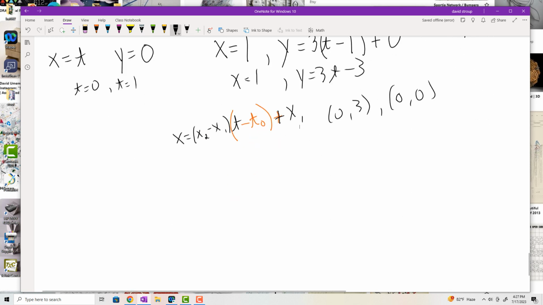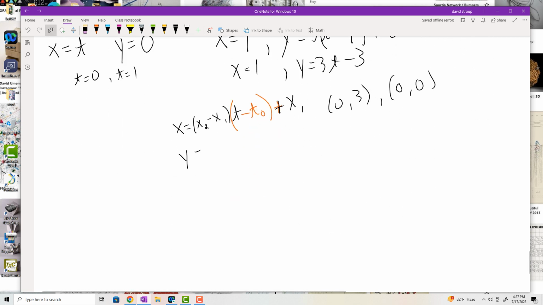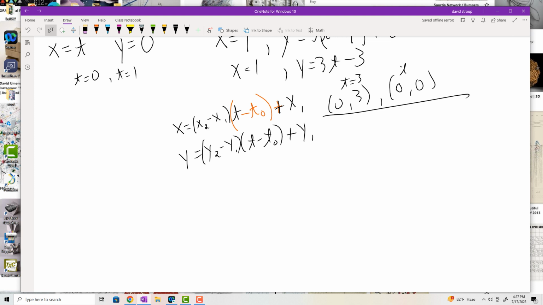And then the formula for y is going to be y2 minus y1 times t minus whatever your starting position is, plus y1. Okay, so for this final game, I'm going from t equals 3 to t equals 4. So this is my t sub 0, which is 3 in this case.